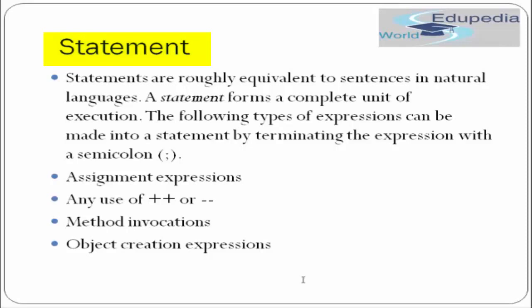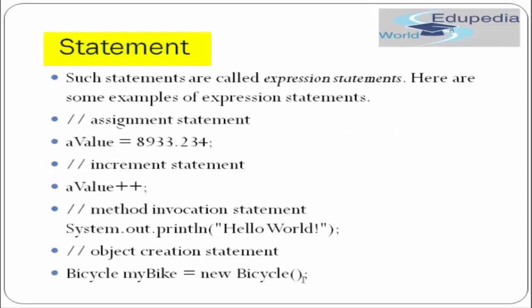So we have assignment expressions, use of increment and decrement, method invocation, and object creation expressions. All these are actually terminated by a semicolon. So these are called statements. Such statements are called expression statements. Here are some examples of expression statements. So this is an assignment statement.